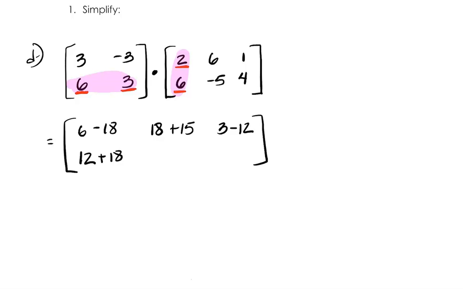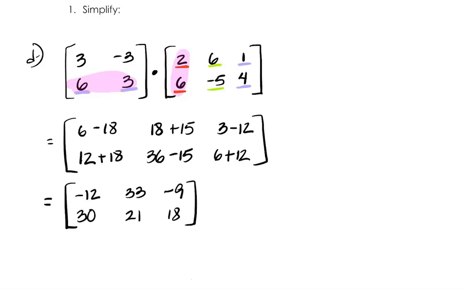For the second value, we multiply 6 times 6, and 3 times -5, getting -15. Finally, we're going to multiply 6 times 1, and 3 times 4, getting positive 12. Now we are going to perform these operations and get our final matrix. And with this we have completed part D.